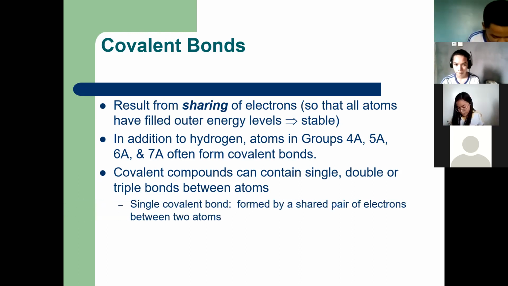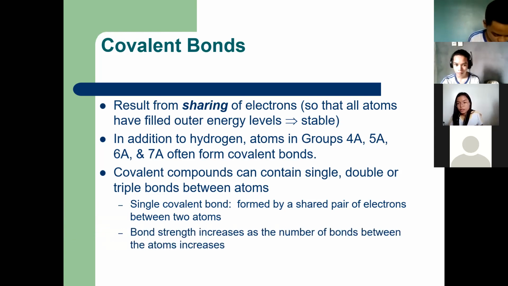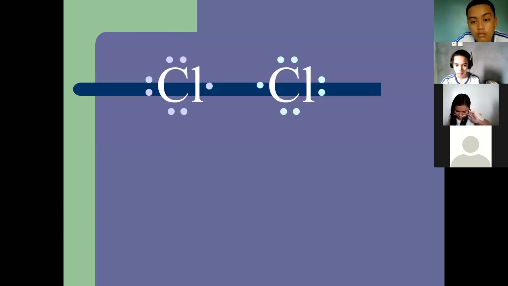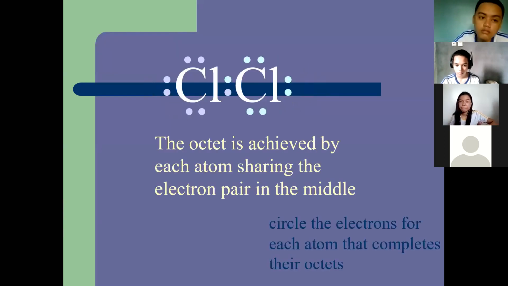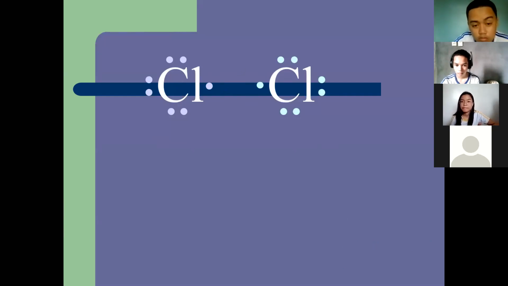Now we will have that as an example later, if we can find some time. But for a single bond, let's try to use chlorine atoms. To achieve the octet rule, to achieve the stability between the two chlorine atoms, the first chlorine needs one electron and the other chlorine needs one more electron.